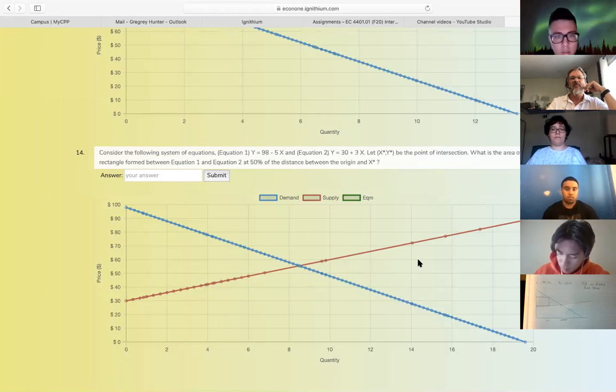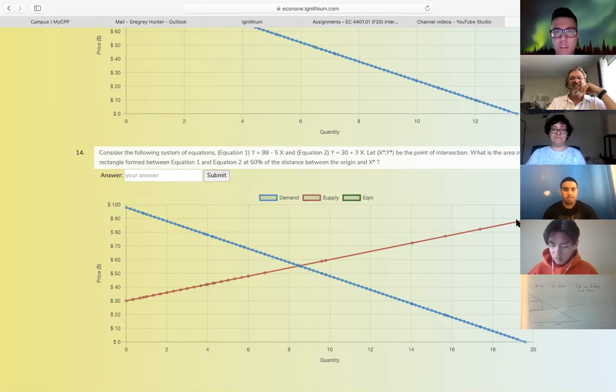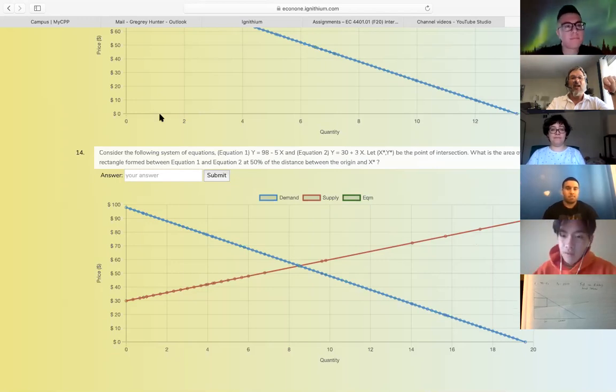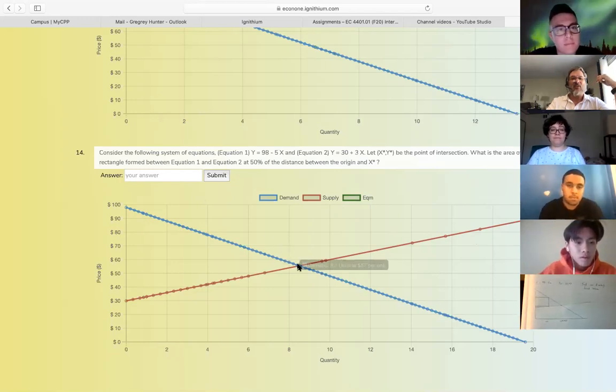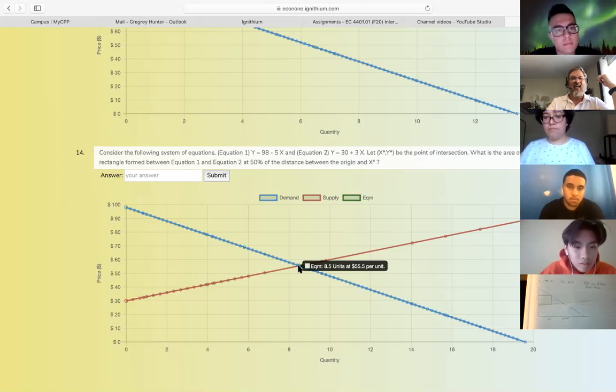Can you see it? Nicole? She says it looks good. Now Dawn, can you calculate the area of the rectangle for us? Yeah, sure.